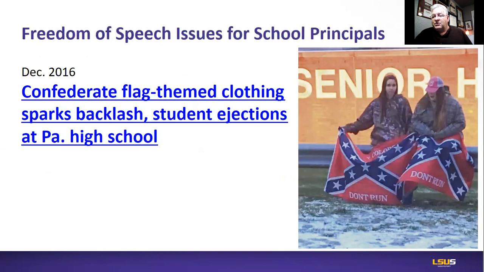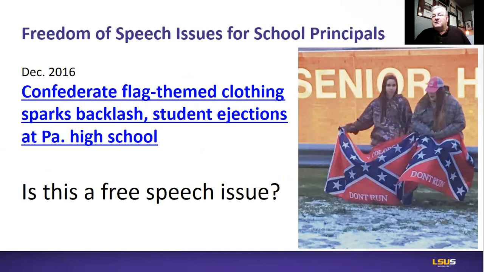And so eventually the school was able to say, look, don't wear that stuff to school again. This photo is actually of two of the students who were protesting the decision and went outside with their little blanket. And you can see the blanket. It's very evident what they were trying to convey.